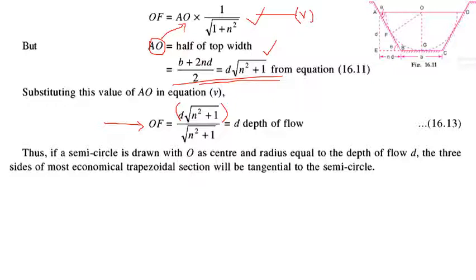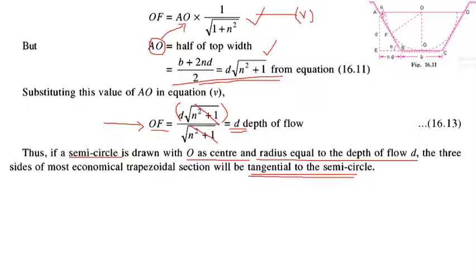So these terms get cancelled and we have OF is equal to d, which is the depth of the flow. So if a semicircle is drawn with O as center and radius equal to depth of flow d, three sides of the most economical trapezoidal section will be tangential to the semicircle.